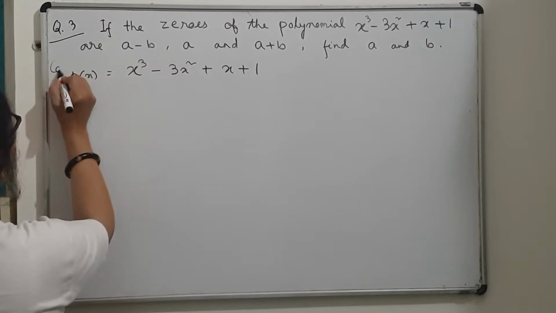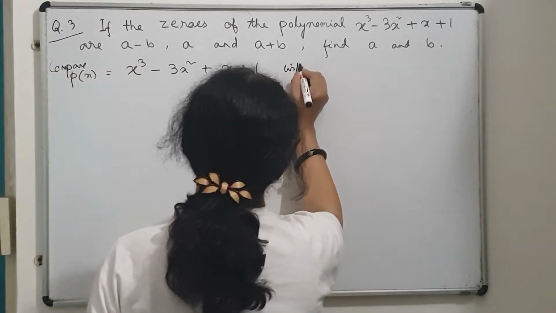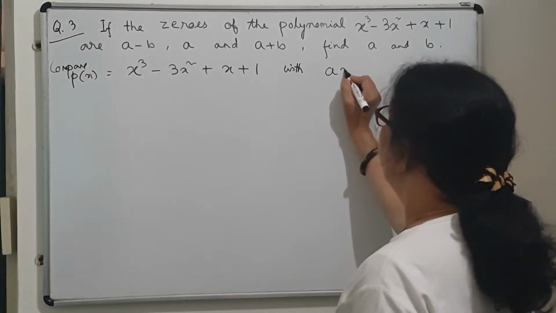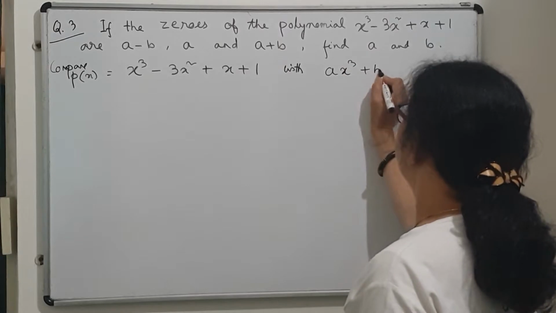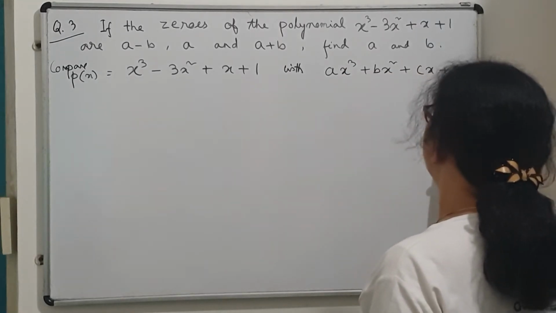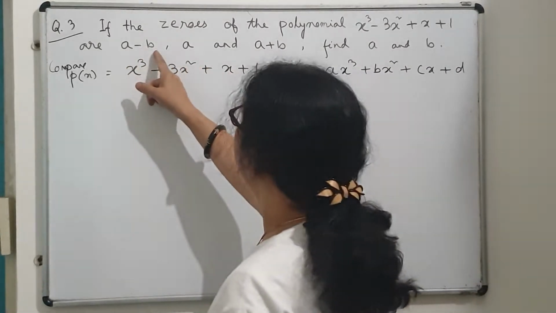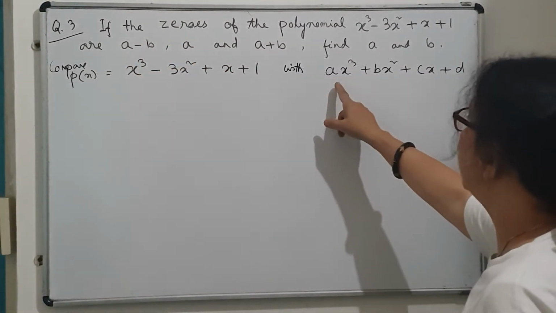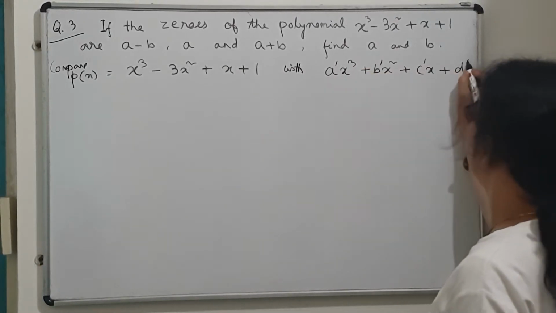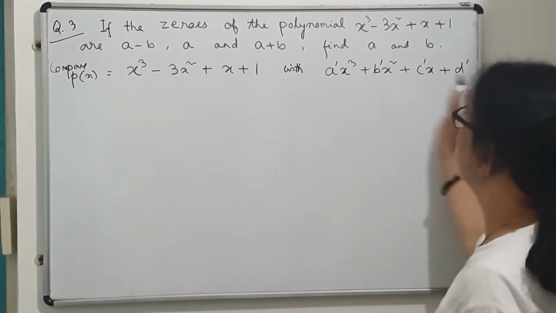Let me compare this polynomial with the standard one. The standard one, I know what that is: ax cube plus bx square plus cx plus d. Now since a, b are already there, for avoiding the confusion I am putting dashes, because these are different from these a and b, so that should be taken care of.